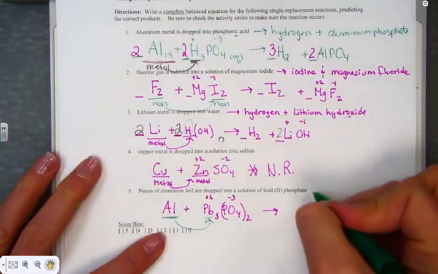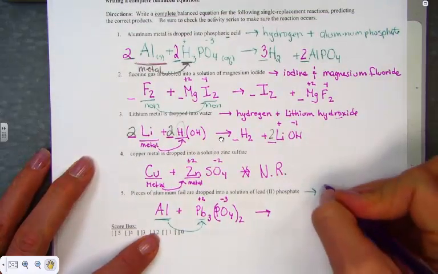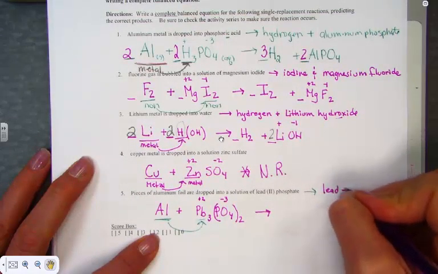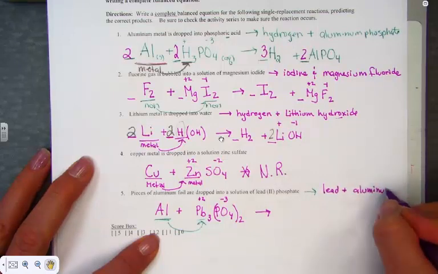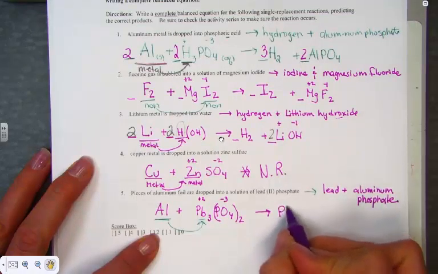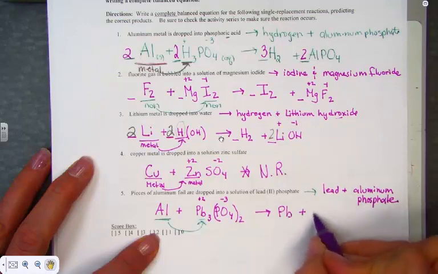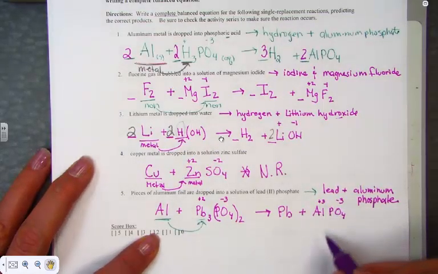Aluminum can kick out lead, so think of the products in words. The new element, the element of lead. The new compound, aluminum phosphate. Elemental lead is Pb. The compound aluminum phosphate, when I hook by charge, is electrically balanced with a 1-to-1 subscript ratio, AlPO4.